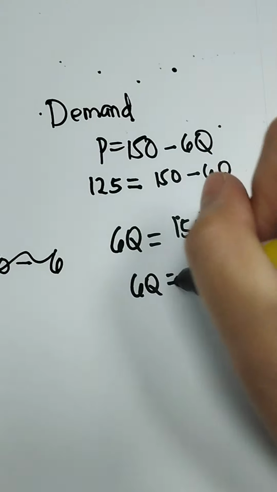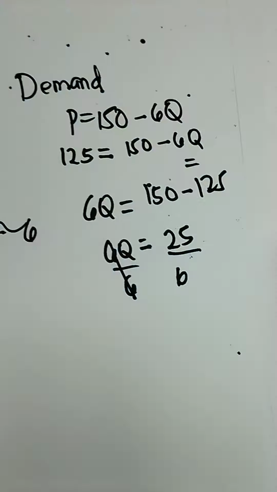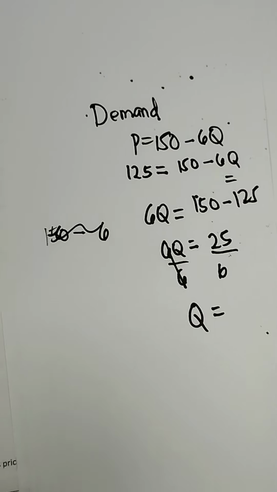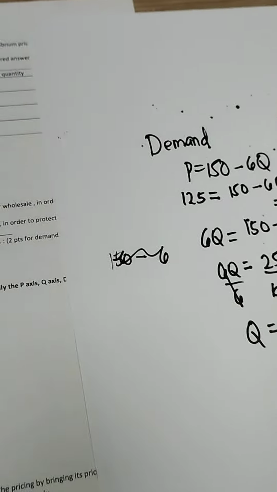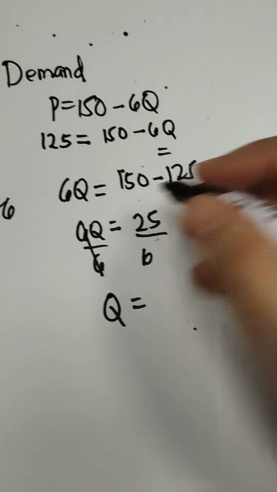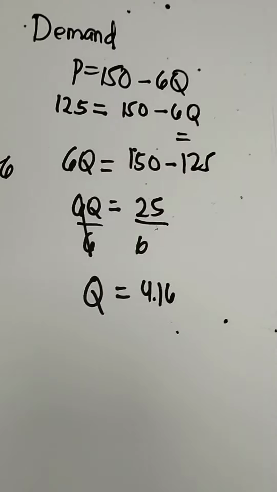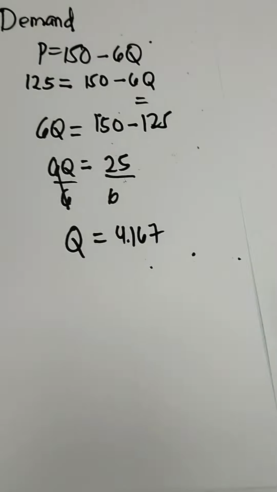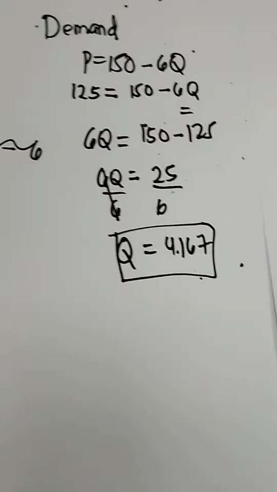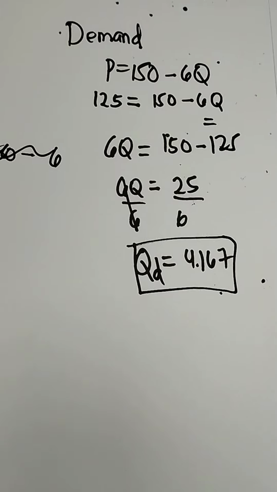So 6Q is equal to 25, divided by 6 on both sides. Q is equal to 4.16, or 4.17 because it's 4.1667. And that's for demand. That's the amount of items that you're going to be able to sell if the price is 125.